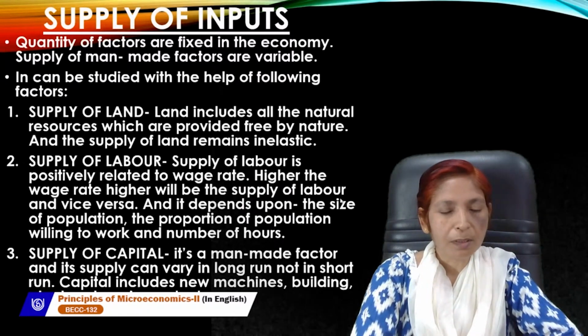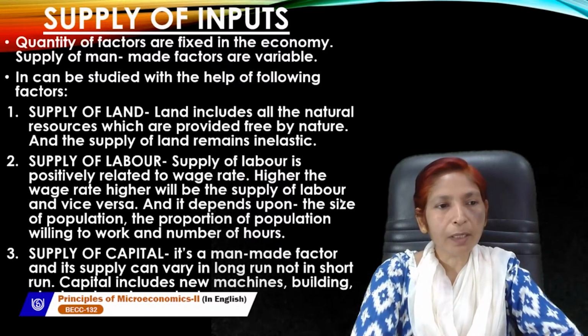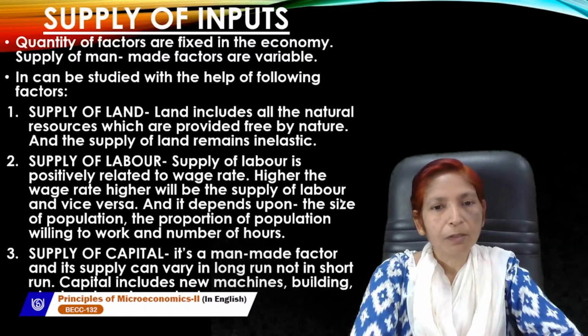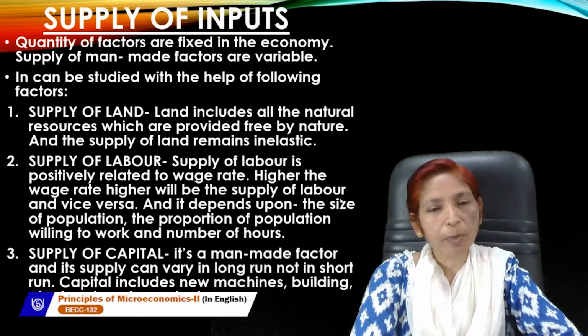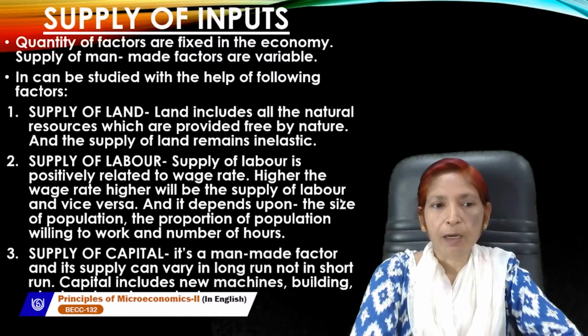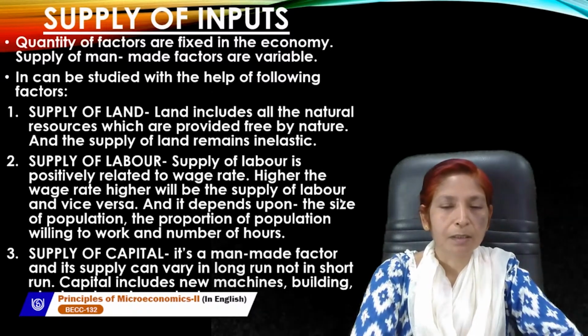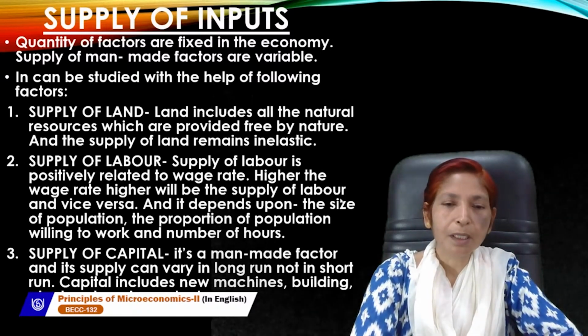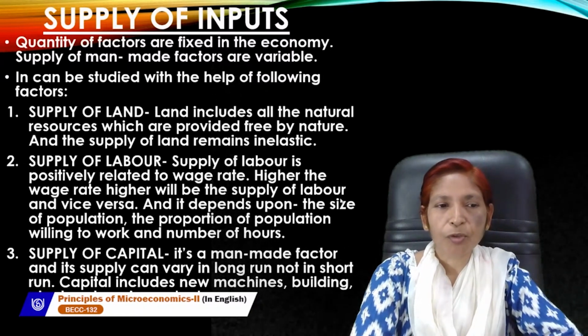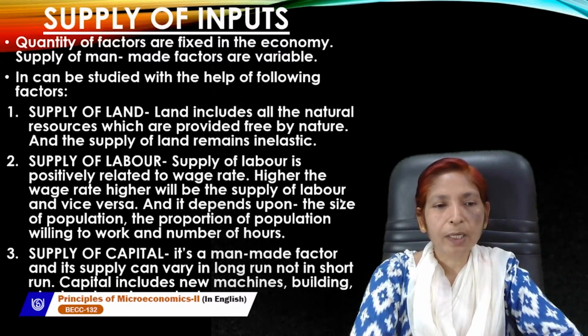For example, supply of land. Land includes all the natural resources which are provided free by nature, and the supply of land always remains inelastic. You can't increase or decrease the supply of land.